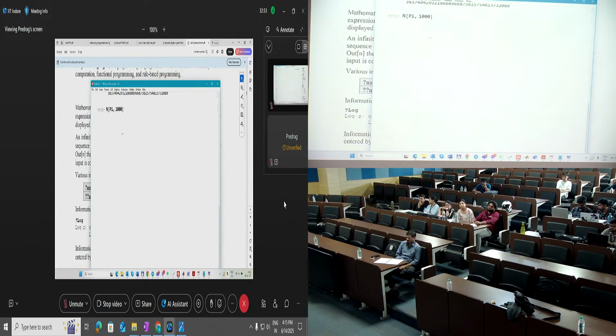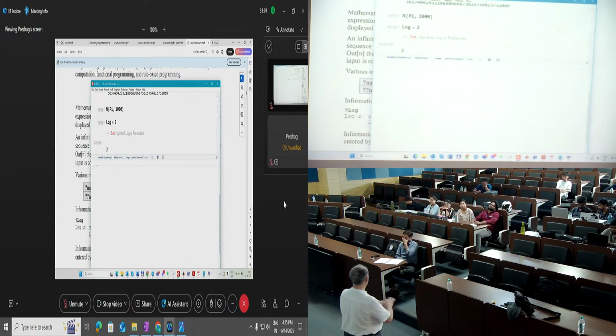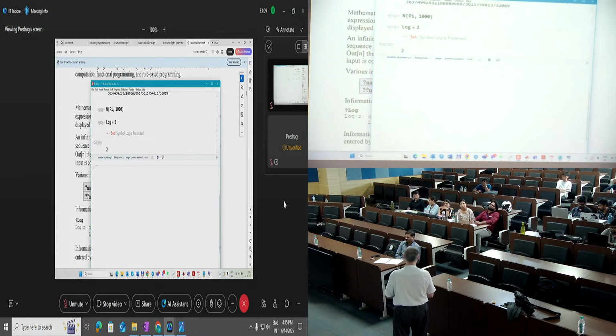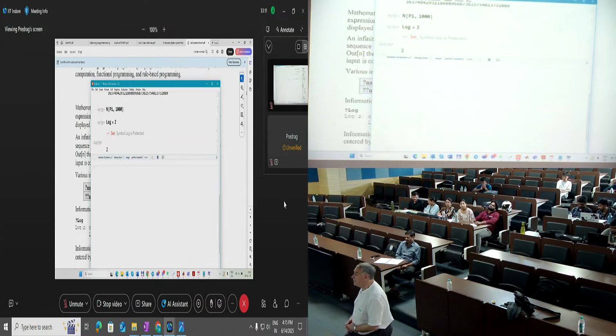Protected means we cannot use the Log function, for example, in assignments. The Log symbol is protected. It is okay. Imagine that a user is able to change Log and make a mess in Mathematica.